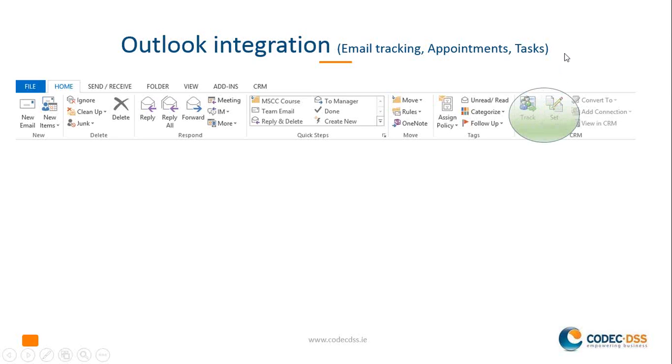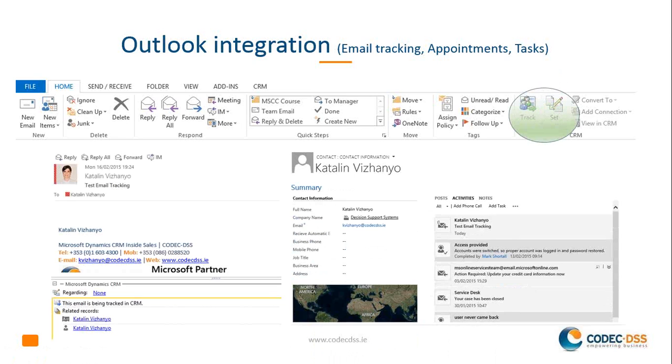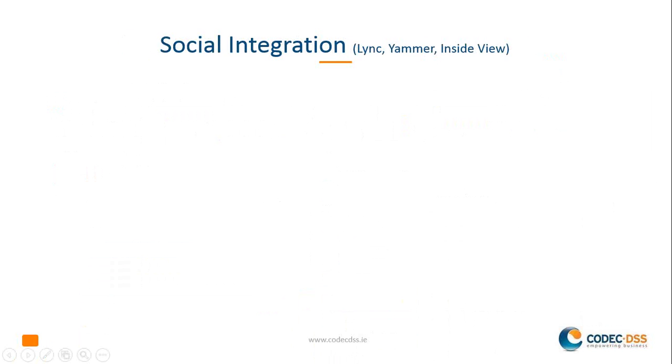I will show you in the live demonstration how it works, but it basically creates the record of a new email. If you have a recipient who hasn't been stored in CRM, it will create the CRM contact record automatically, so you don't have to log into the CRM separately and capture the new contact. It will do it for you, and it will automatically capture the activities that happen. So we check exchange an email, and you will find it all in Outlook as well.